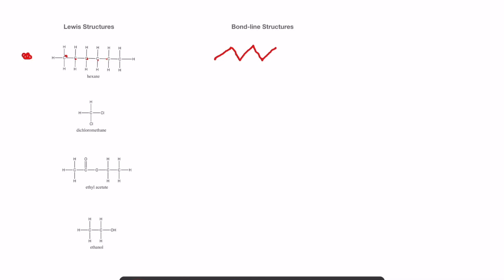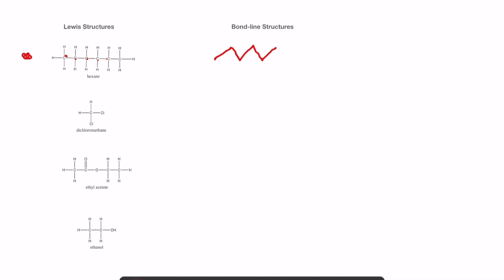Hydrogens are understood, and atoms such as chlorine or oxygen are drawn explicitly. So this is actually the bond line structure for hexane right here. Much simpler than a Lewis structure, which is why we use them. Okay.